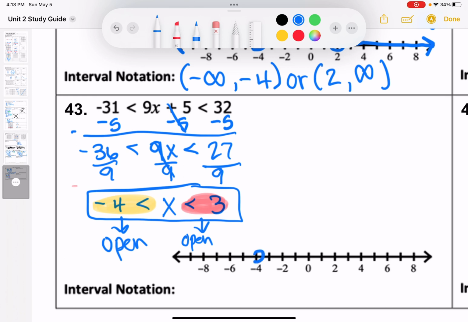So -4 has an open circle, 3 has an open circle, and then we're going to connect the dots. For our interval notation, I have my two endpoints. They both have open circles, so I'm going to have parentheses around both those numbers.